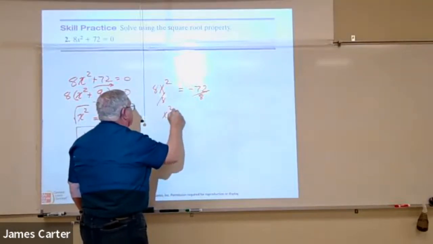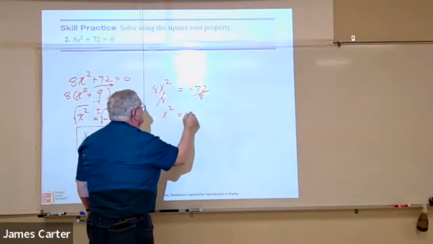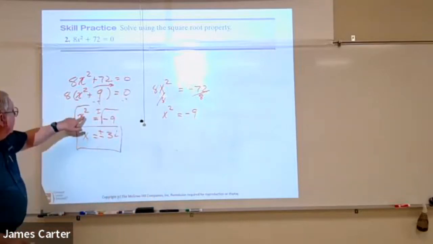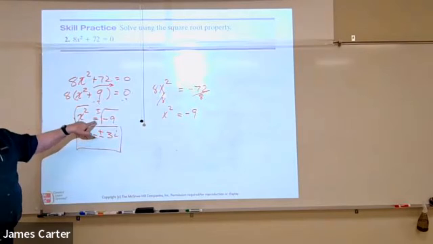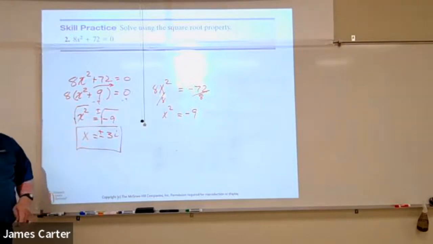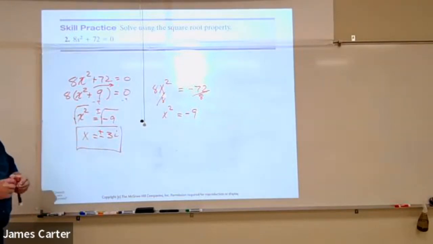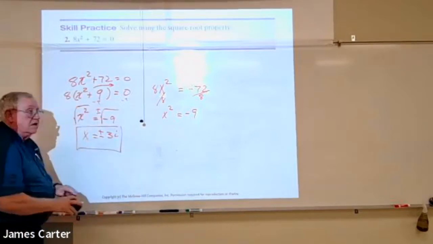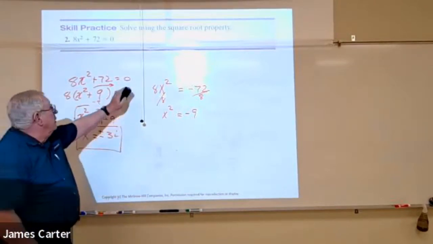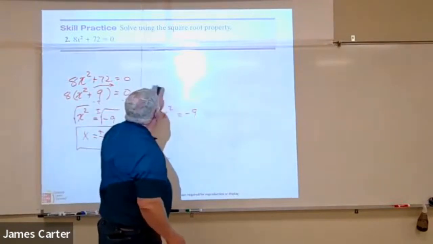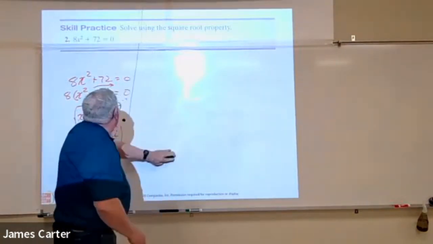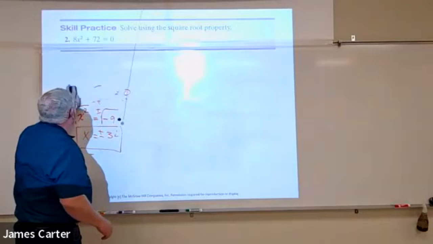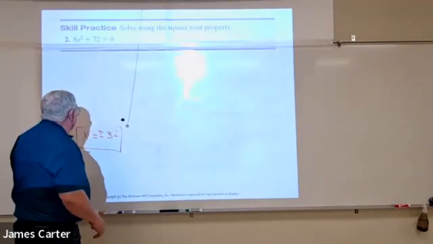And I would have gotten the same x squared equals -9 that I had here. So that's the only thing that's different, and I don't know that that's a significant difference. Pay me now or pay me later. Or in this case, divide me now or divide me later.